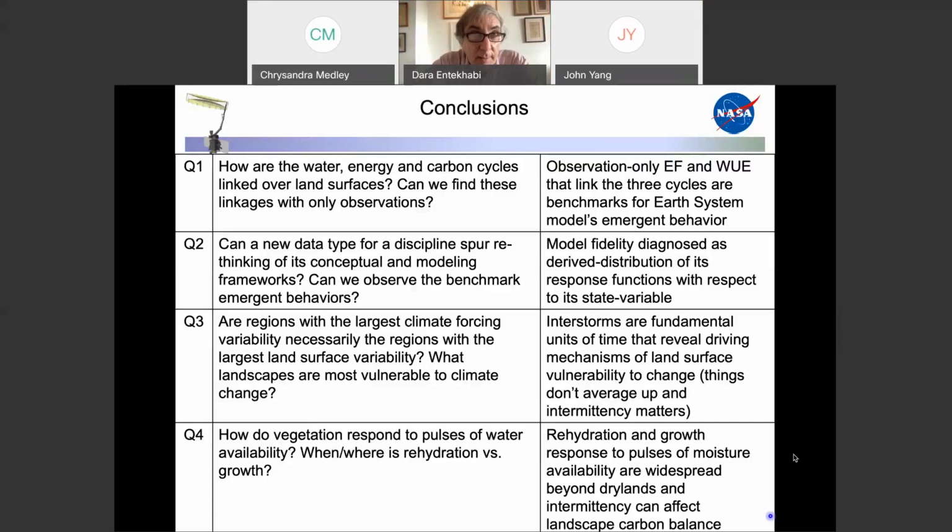But in aggregate, they will have an emergent behavior, which are those benchmarks. So I'm hoping that one thing we can do is use such approaches, not necessarily this exact one, to come up with accepted benchmarks for those emergent behaviors in our models. I'm not saying throw our models out the window. We can't. We need to continue what we're doing. But we need to have accepted benchmarks for our model performances.